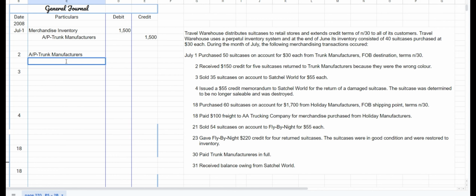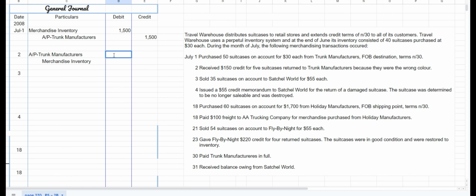And the credit account is merchandise inventory, because you returned it to trunk manufacturers, so you're losing that inventory that you bought. And it says that you received $150 credit. So how much does the money you owe go down by? It goes down by 150.